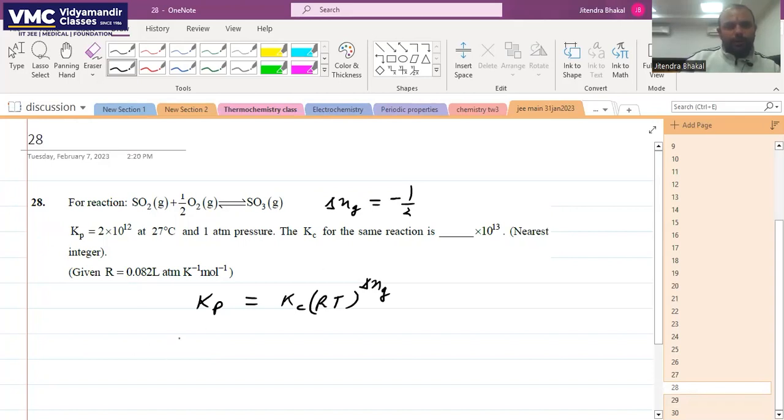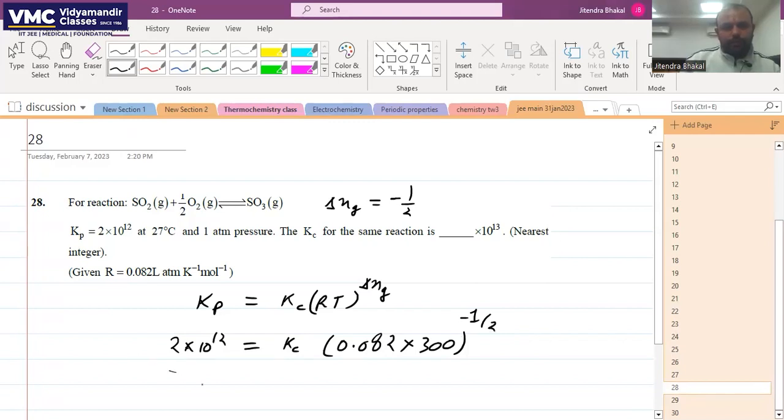So Kp, which is 2.2 into 10 raised to power 12, equals Kc into RT to the power delta Ng. We need to find Kc. The value of R is 0.082, temperature is 300 Kelvin, raised to power minus 1 by 2.